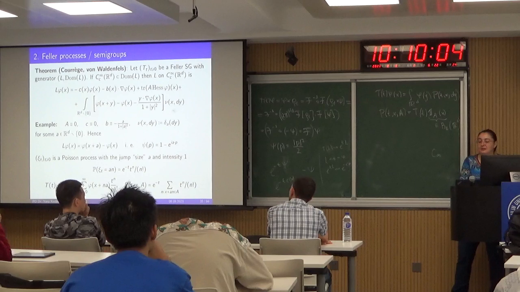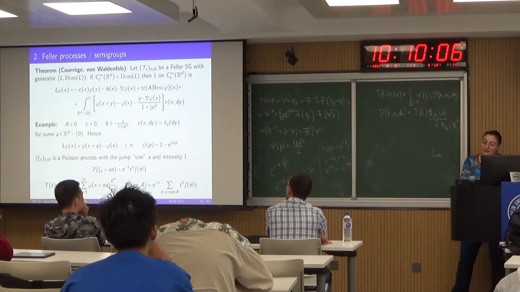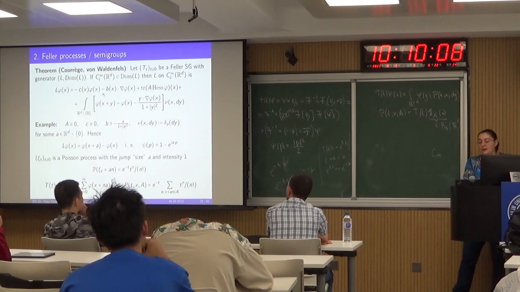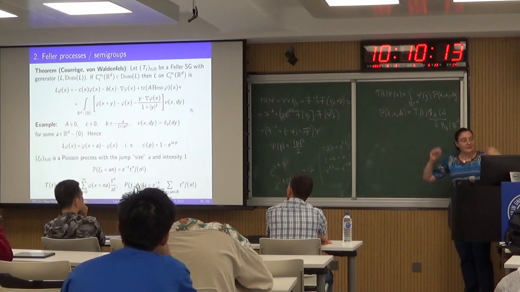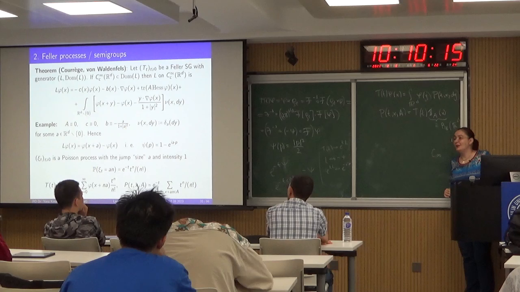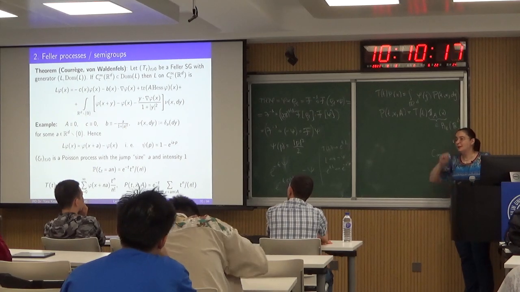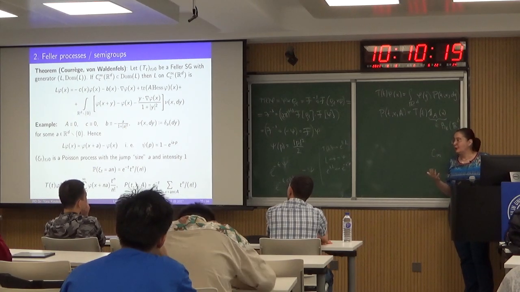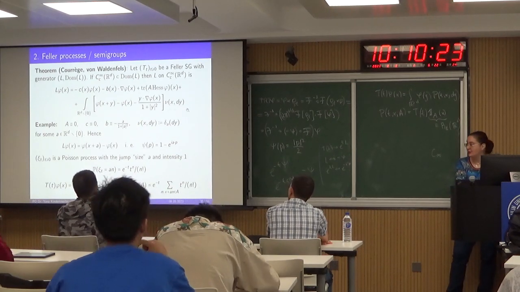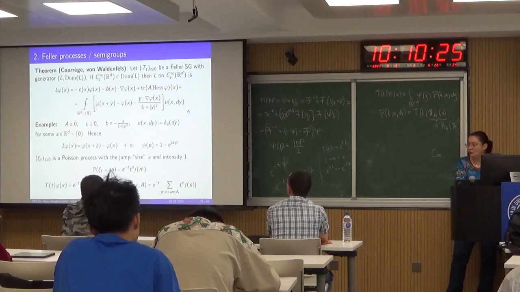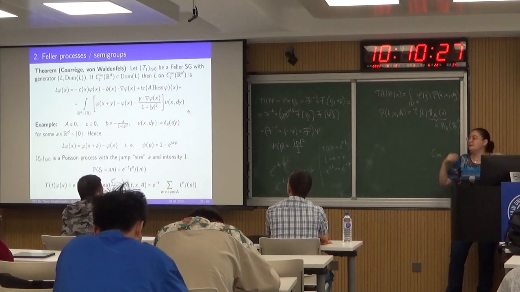But in general, very roughly speaking, we can understand this term as corresponding to an uncountable mixture of Poisson processes making all possible jumps, and which jumps are possible depends on the support of the measure. And the measure also defines the intensity of jumps.